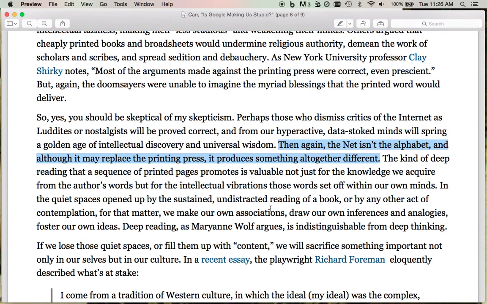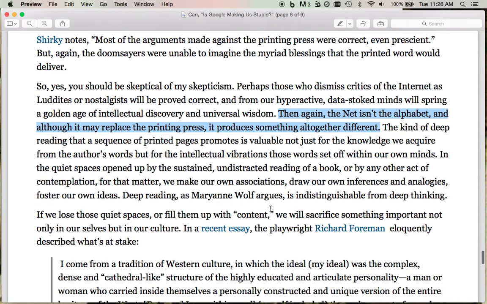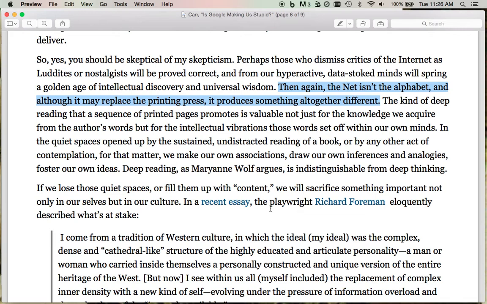Then again, the internet isn't the alphabet, and although it may replace the printing press, it produces something altogether different. So he's trying to say, hey, the net is quite a different thing than writing or the printing press. It stands to have a much stronger, more broad effect on our thinking than these things. So maybe we have more reason to worry about the internet than we did about the printing press or writing.